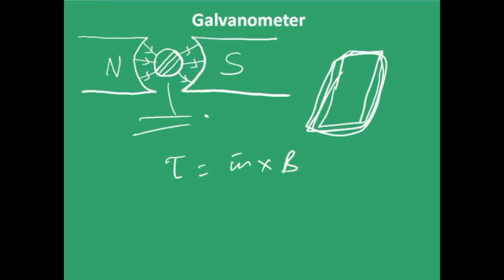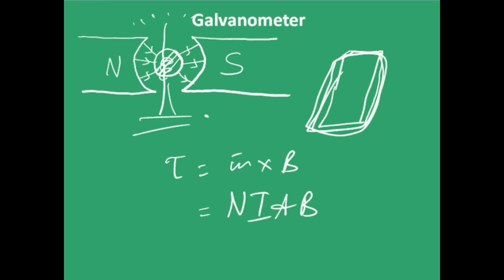Here you have many loops, right? Let the number of loops be N. So it will be NIA times B, where area is capital A. Don't worry, sin θ is anyway one here. So you have a spring here, which in turn is connected to some pointer, and here you have these markings. Okay, there is some mechanism.